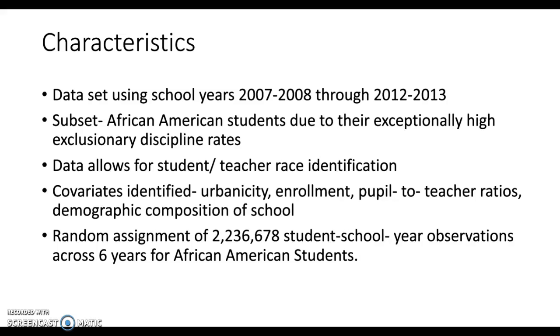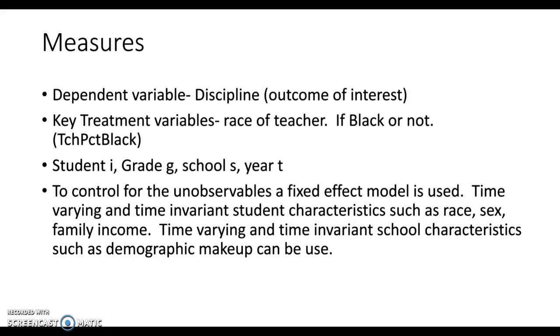The data allowed for student-teacher race identification, and covariates were utilized, which were urbanicity, enrollment, pupil-teacher ratios, and demographic composition of schools. Student, school, and yearly observations were studied across a 6-year period for the African American subpopulation.